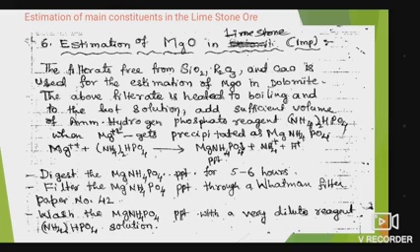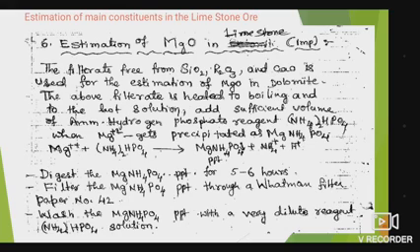Next one, estimation of magnesium oxide in the limestone ore. So the filtrate free from SiO2, R2O3 and CaO is used for the estimation of magnesium oxide in dolomite or limestone ore. The above filtrate is heated to boiling, and to the hot solution add a sufficient volume of ammonium hydrogen phosphate reagent, that is (NH4)2HPO4. Mg2+ gets precipitated as magnesium ammonium phosphate.